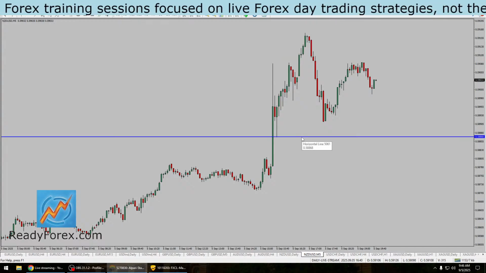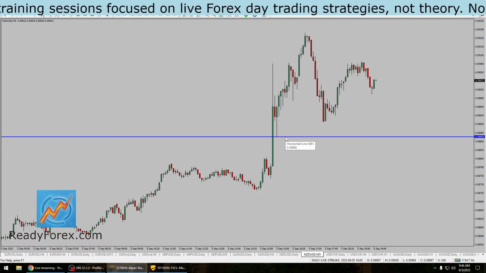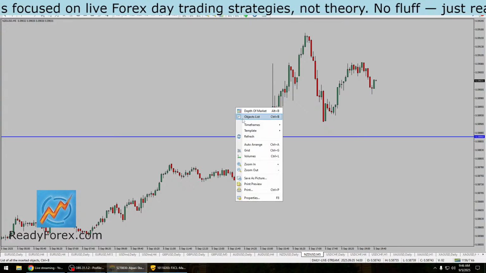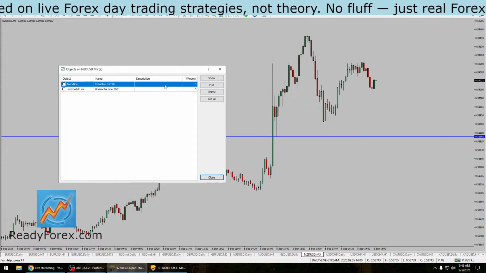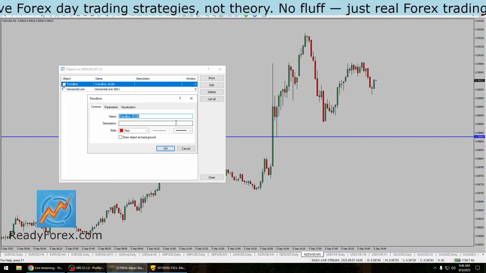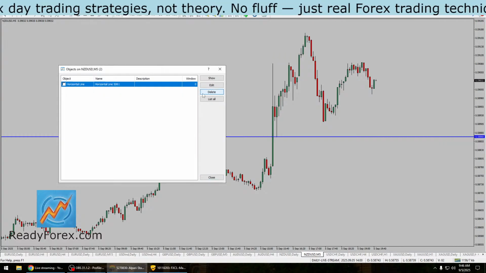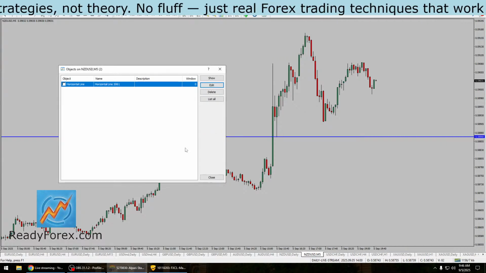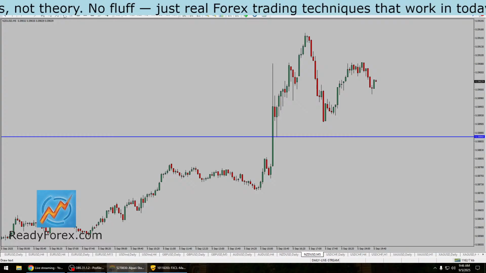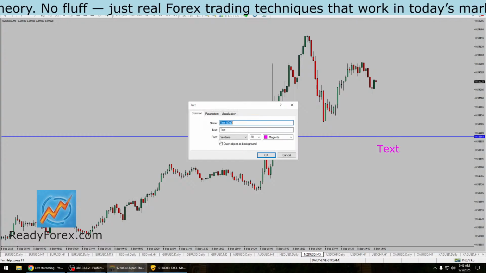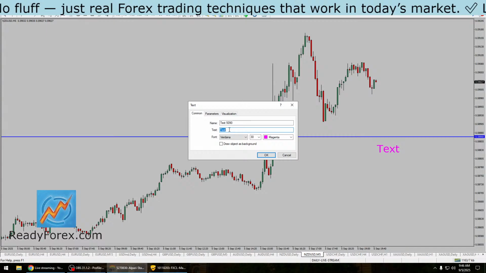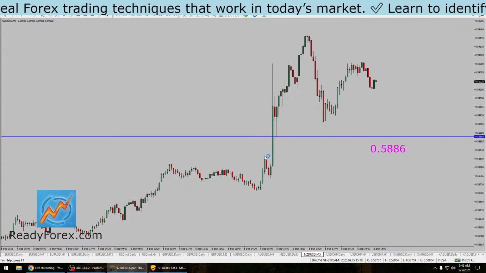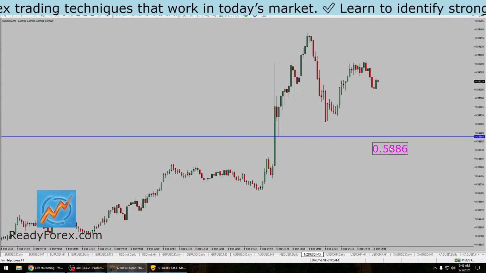Okay, this is the swing low over here, and if we do get a break below this area, let me write down the level over here. 0.58886, or 0.5886, this is the level.